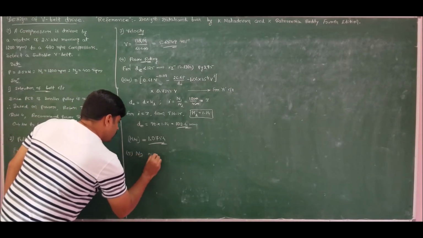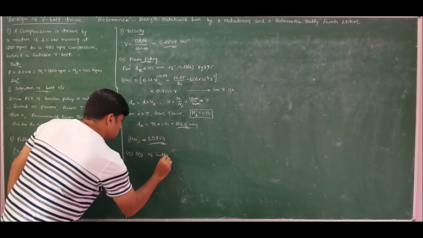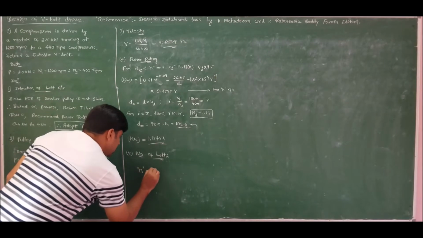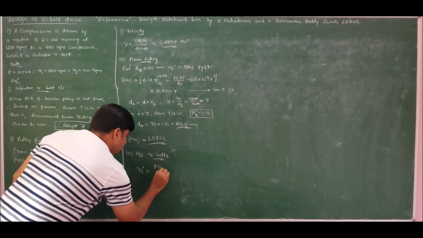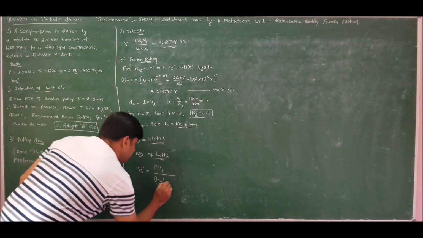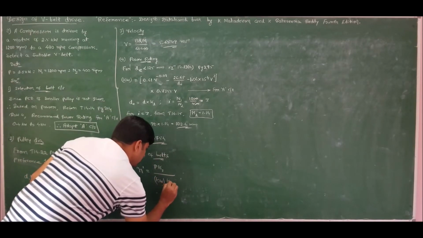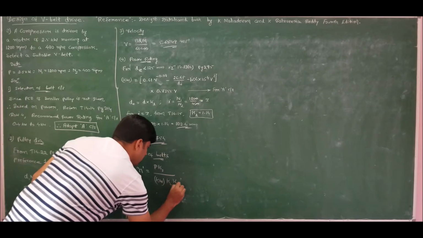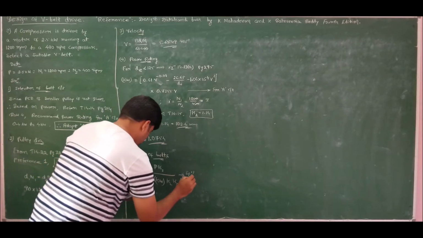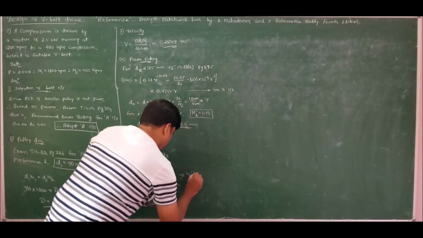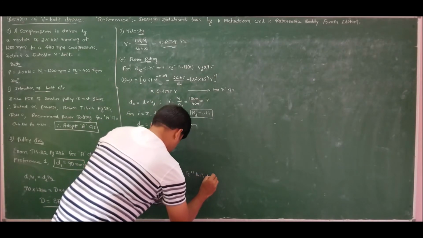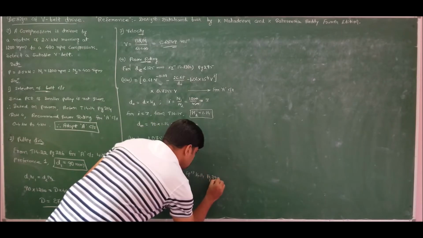Now moving ahead, step 5 is to find the number of belts. We know that the formula for number of belts n dash is equal to P times service factor divided by the maximum power transmitted by one belt into the factor based on length and the factor based on angle. This is from equation 14.14, referring to page 295.